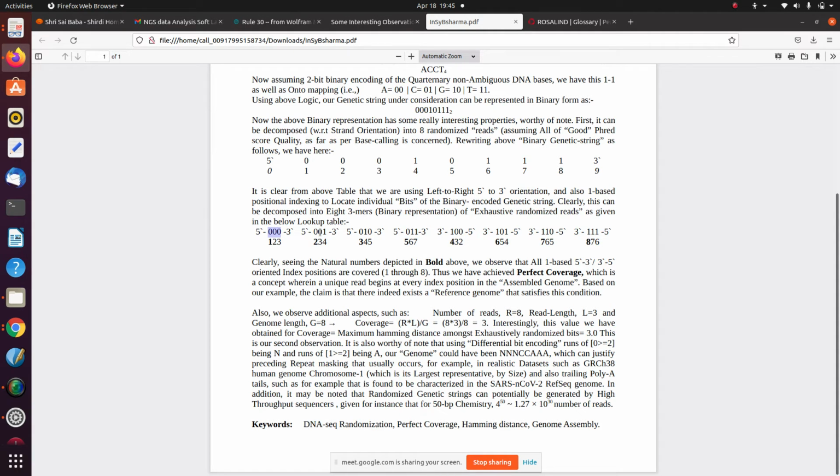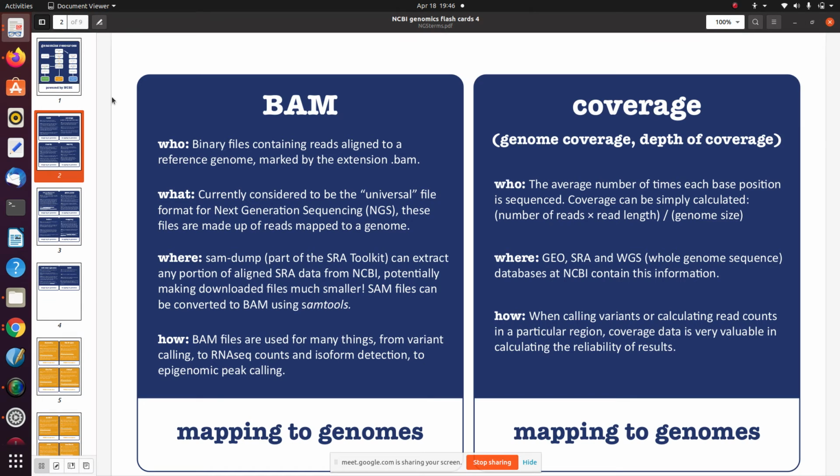So now what is the read length? 3. Read length is 3, right? Yes. And what is the genome size? 8. And what is the number of reads? 8 reads. 8 reads of length 3, divided by 8, the genome size.